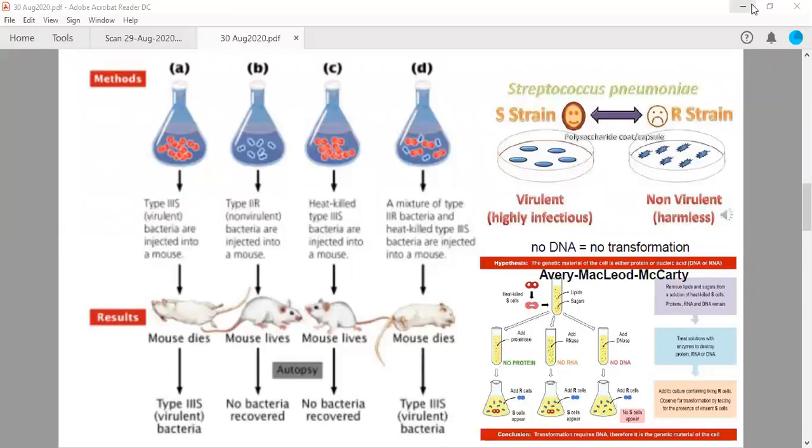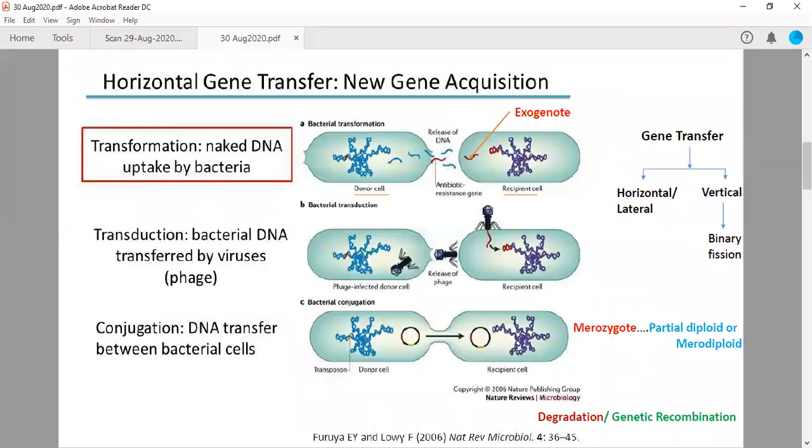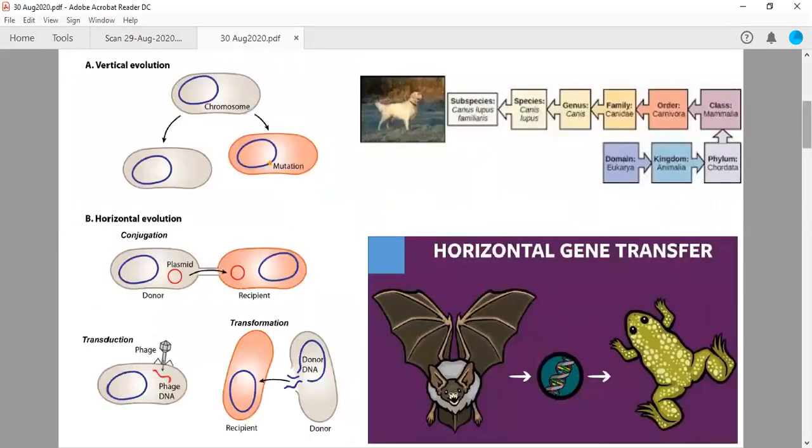Okay, right. So again, if you are a bit confused, there are two ways of transferring genes from one organism to another organism. Please remember and focus on terminology.